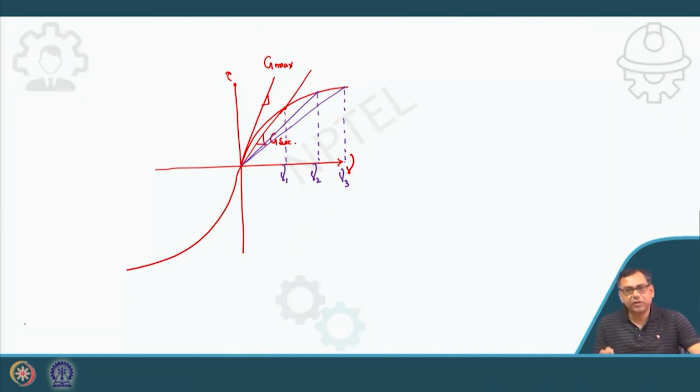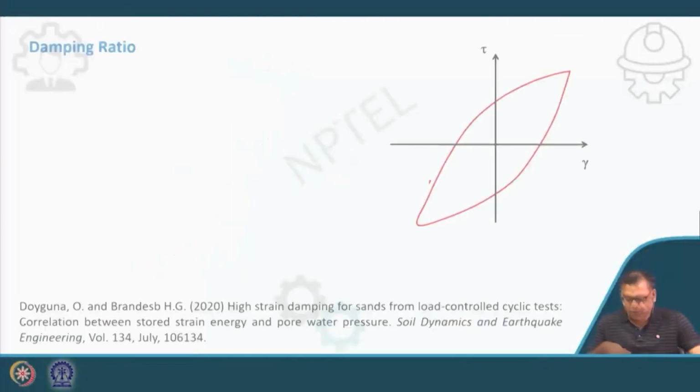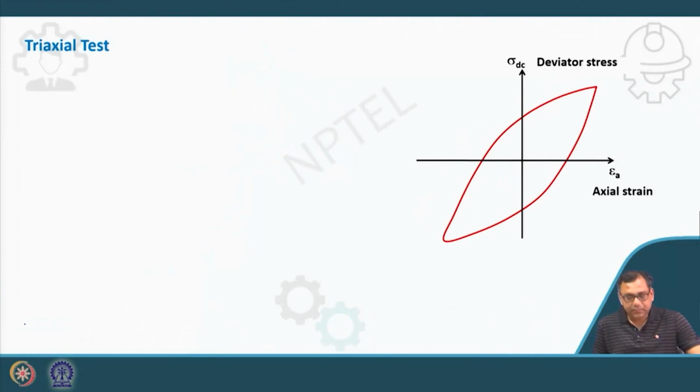And I will also discuss the nonlinear models in the coming lectures, about the triaxial test. Because I am talking about the shear modulus, I will get it from the stress versus strain plot.